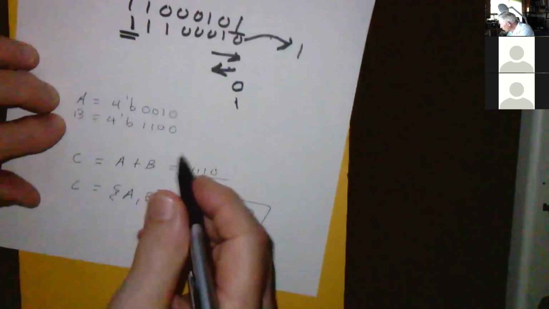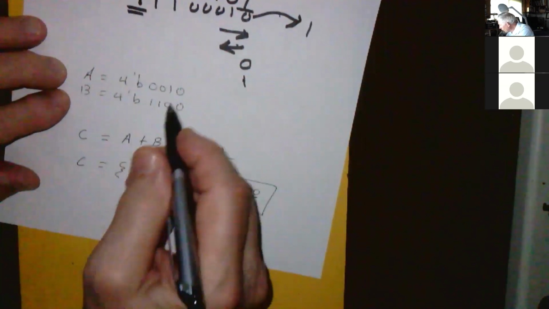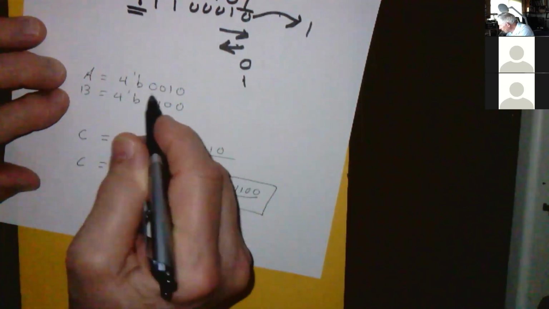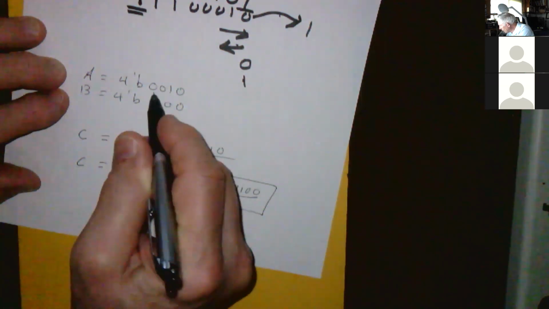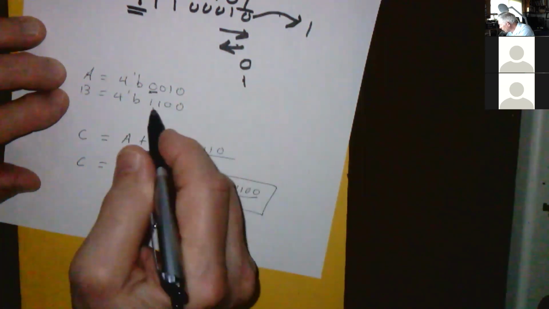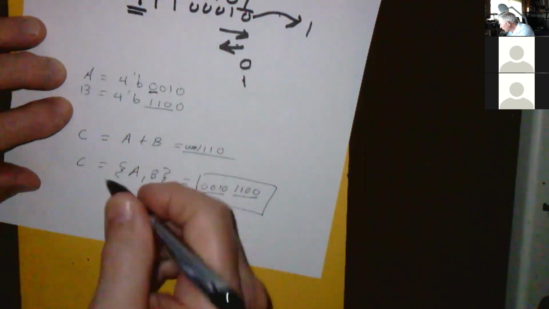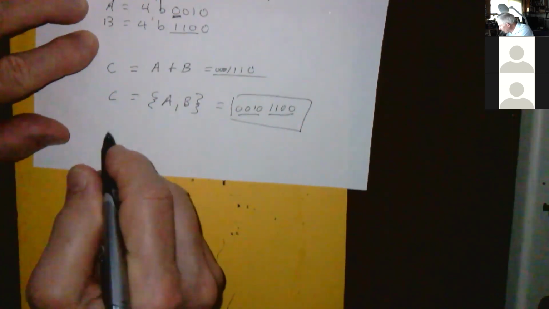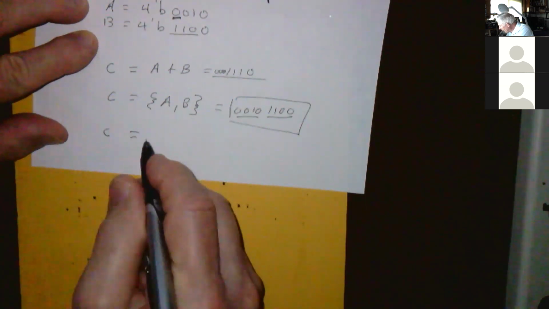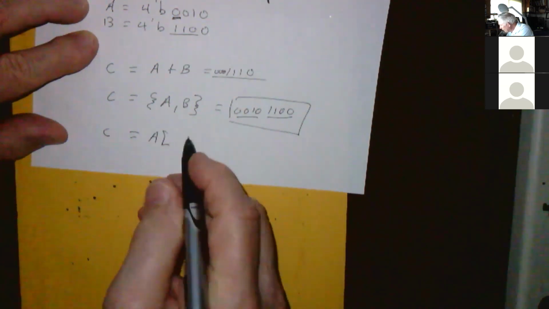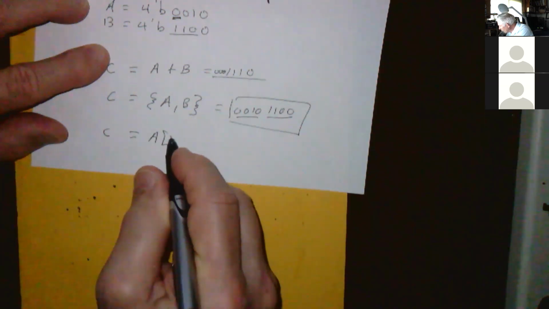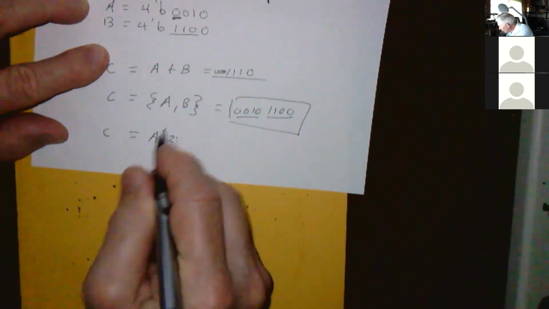So for instance, let's say we wanted to shift the higher order bit in A and combine it with the top 3 bits in B and set that equal to C. Let's say now C is a 4-bit vector. So then we would write C equals A 2 to, oh, I should have done it the other way.